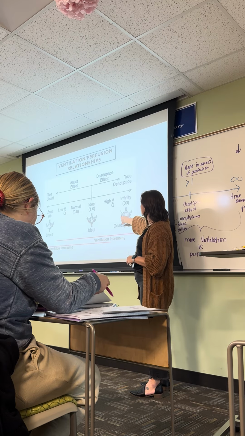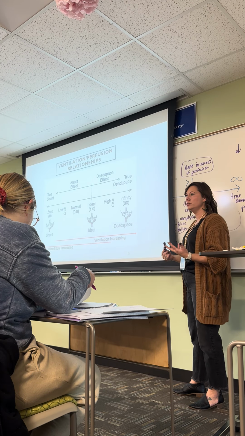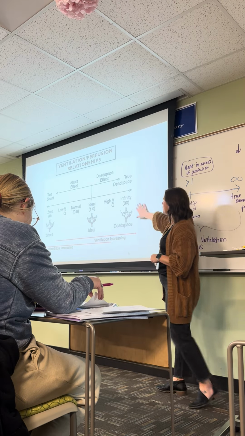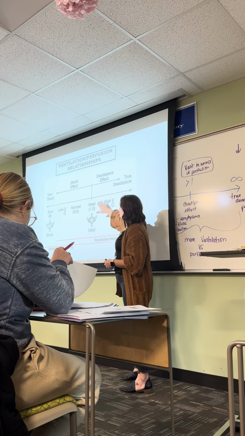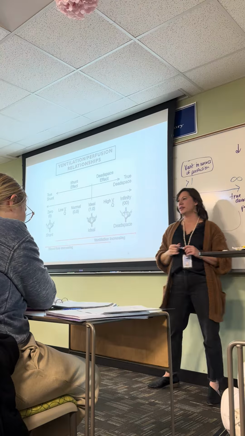So our perfusion is lacking, but our ventilation is fine, right? So we have plenty of ventilation and a decrease in perfusion, okay? So this would be our high VQ over here. So everything greater than 1 is dead space effect until we get to our end of true dead space.